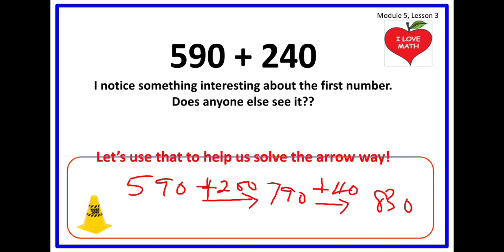We first add our 200 before adding our tens, which is 40. 590 plus 200 will give us 790. Then plus 40, it will give us 830.